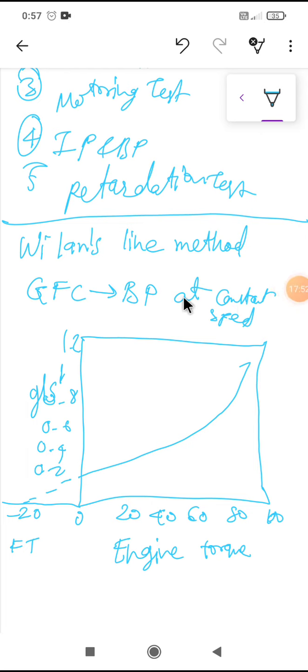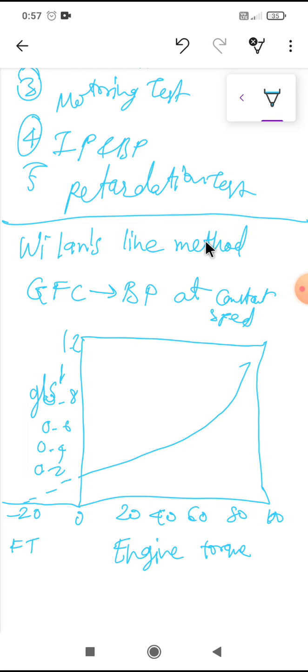Another drawback is that there is a slight curvature at light loads, perhaps due to difficulty in injecting very small quantities of fuel per cycle accurately and consistently.